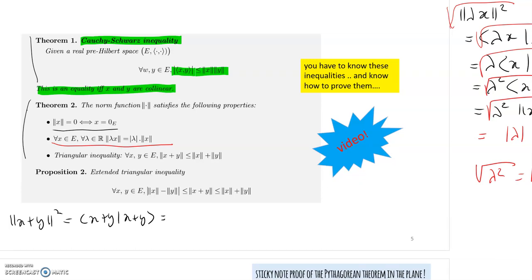Again, you can pause and try to see where you're going here. Maybe pause and expand that inner product to see if you know how to apply all the properties of the inner product.